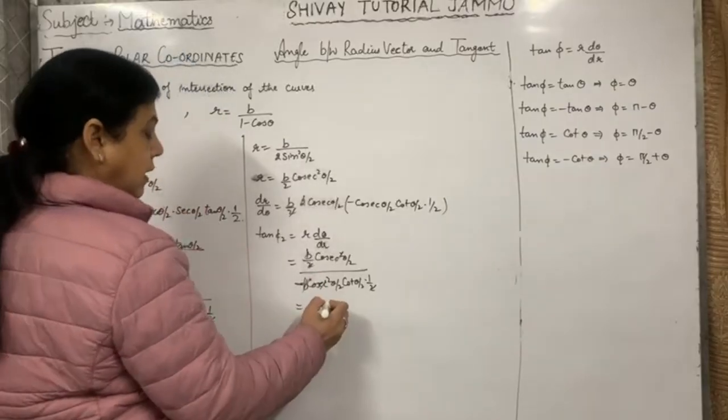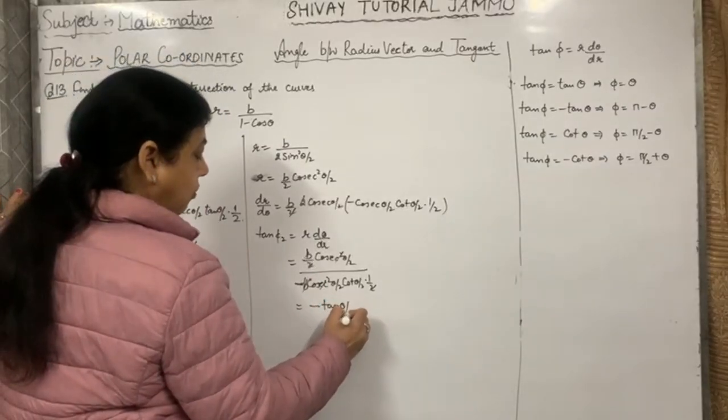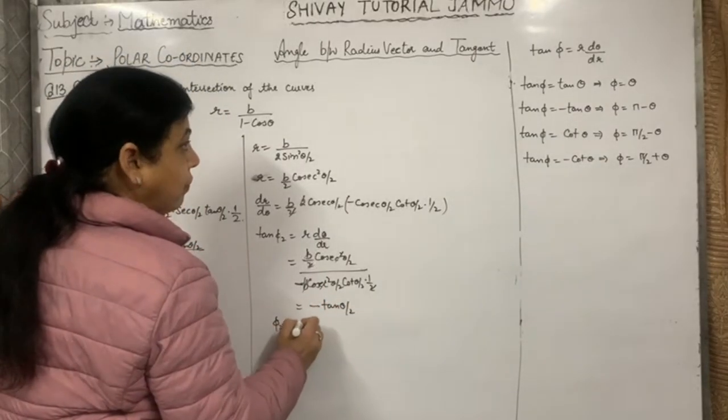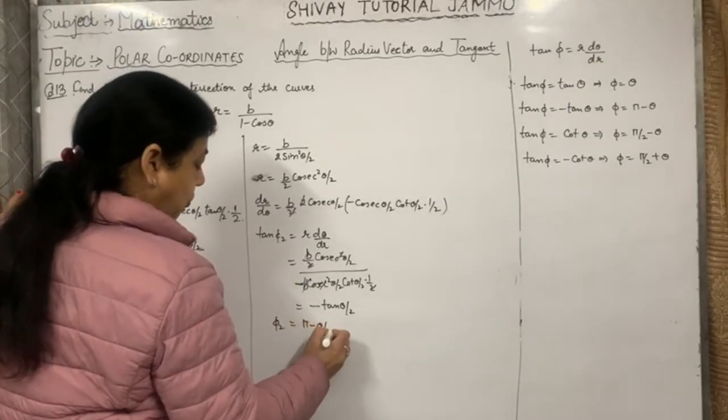This is minus tan θ/2. φ2 will be π minus θ/2.